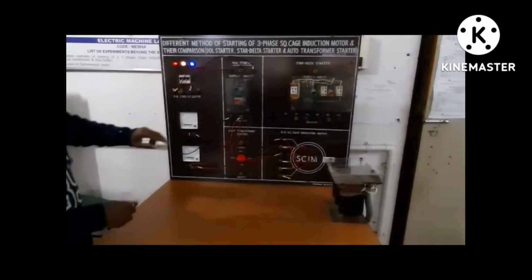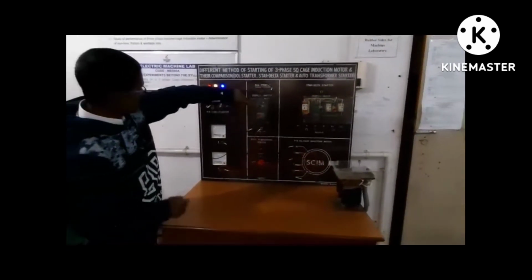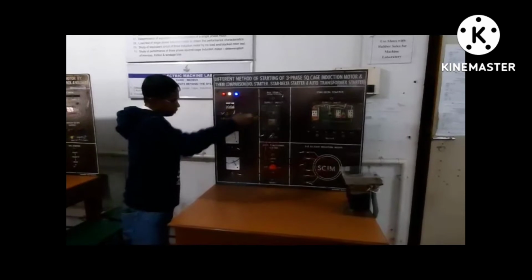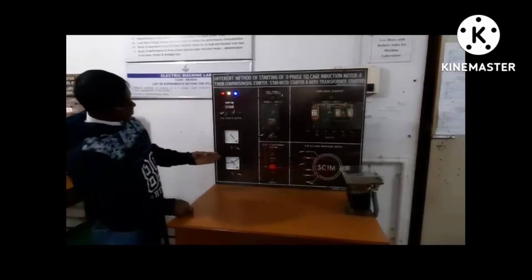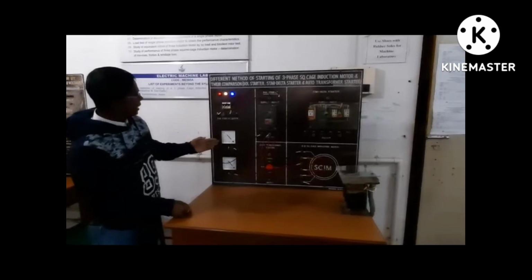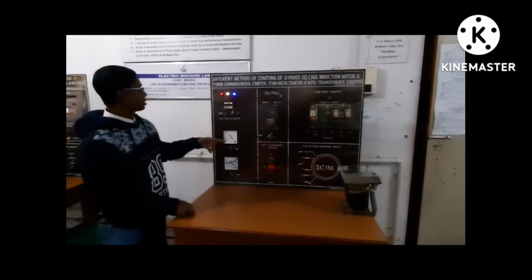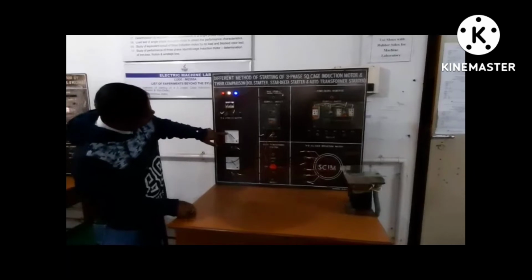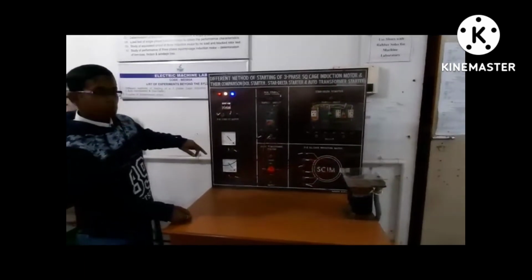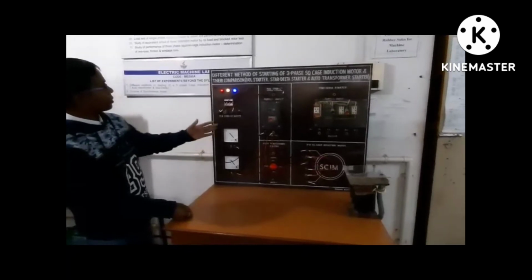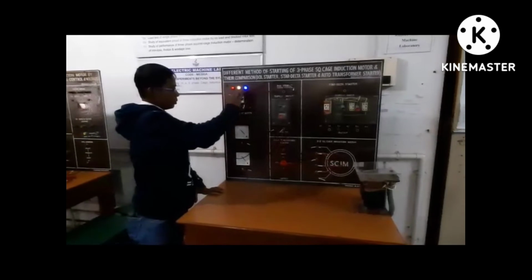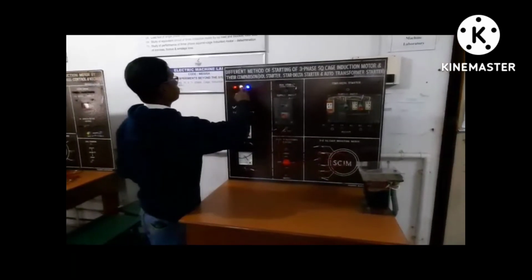Now we can press the start button and see the current and voltage. See, the supply voltage is the same, but the running current is much higher than the start current. Previously it was 0.3, now it's 1.3. Now switch off.